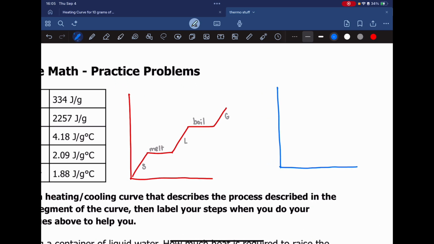For our cooling curve, it's going to be the same thing, but in reverse. So we go down, flat, down, flat, down. And again, our phase changes fall on our plateaus. This time, instead of melting and boiling, we are condensing and freezing. But still we have gas, and then liquid, and then solid.